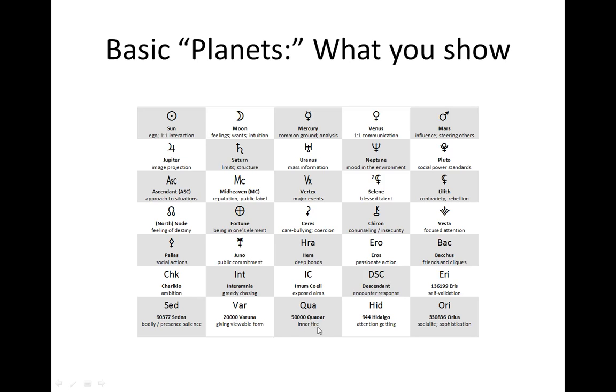Quaoar is by far the weirdest body of all of these here. Very, very strange. I guess I'll describe it as the inner fire. It has to do with creativity. The way Quaoar works is wherever it is in your chart, it displays this characteristic that people know is there, but they don't know how it got there.